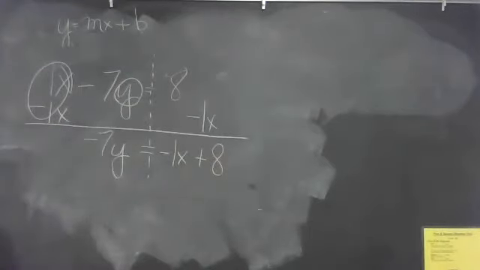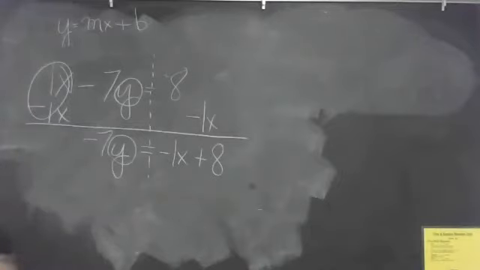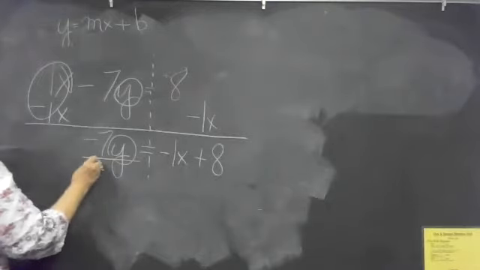So now you already have your x first, you're not going to have to worry about it, right? And then we still don't have the y by itself. How am I going to get rid of this negative 7? Divide. Good. I'm going to divide by what I want to get rid of, so it's a negative 7.